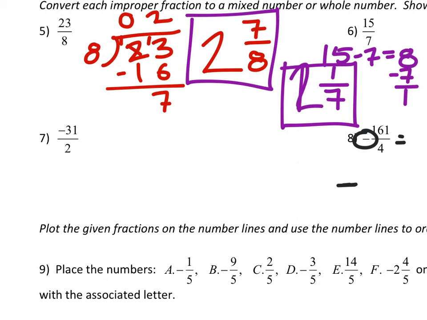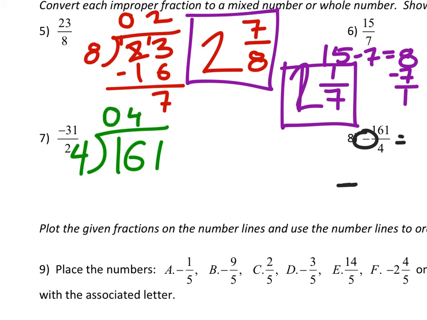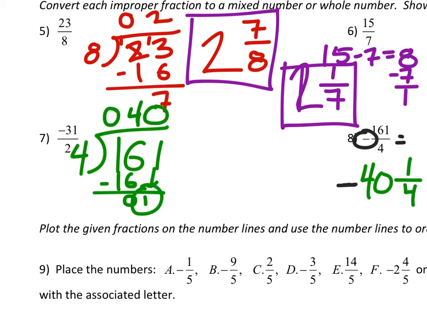So this ends up being 161 divided by 4. 4 doesn't go into 1, but it will go into 16 4 times. 4 times 4 is 16. Subtract leaves us with 0. We'll drop the 1. 4 doesn't go into 1, so that will just be a 0. And we end up with 40. And yes, we had the 1 remaining, so 1 out of 4. So negative 40 and 1/4 is the mixed number.